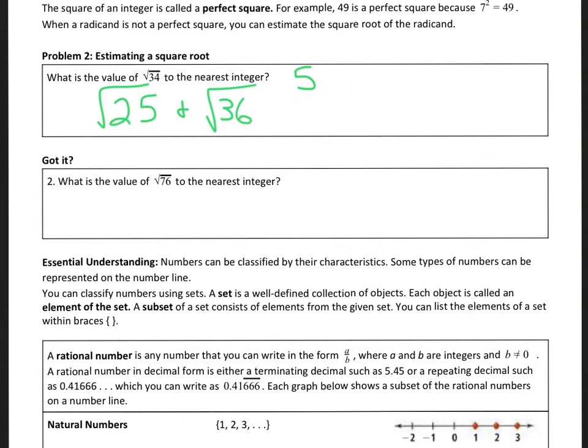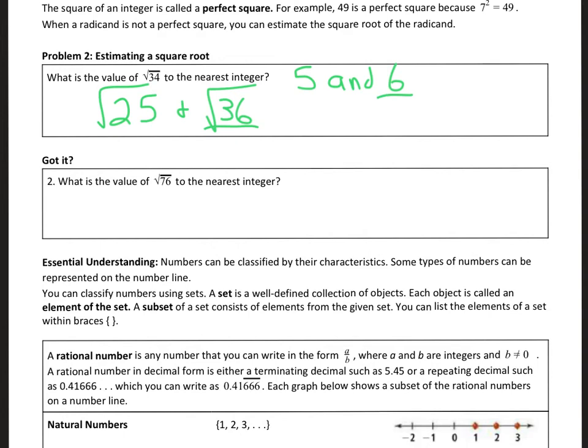Okay? And then we think, which number is the square root of 34 closer to? Well, it's closer to the square root of 36. So the result is closer to 6.